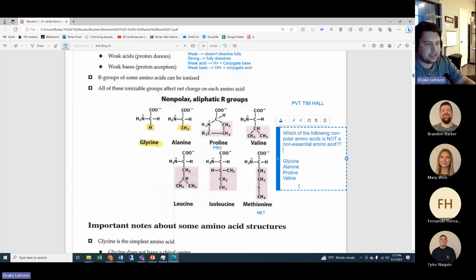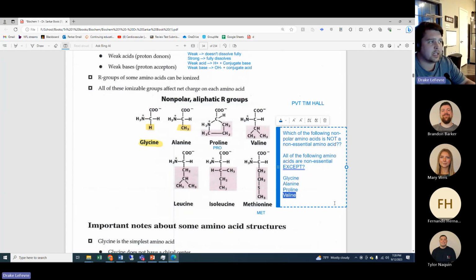He could ask this exact same question with these same answer choices, but phrase it as: all of the following amino acids are non-essential except. Same exact answer choices, but glycine, alanine, proline are all non-essential.